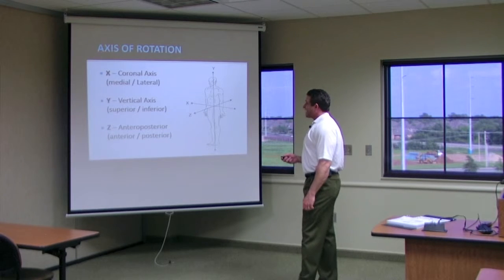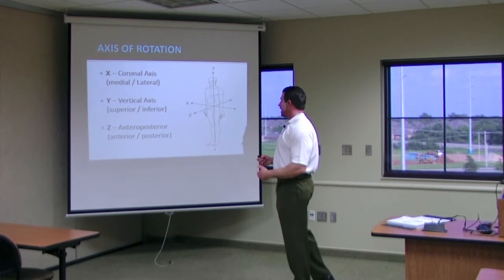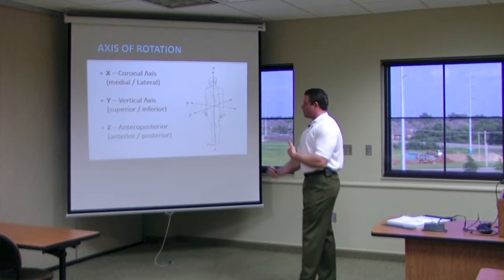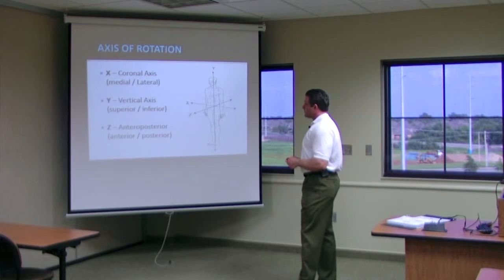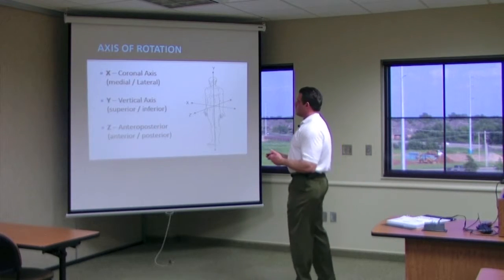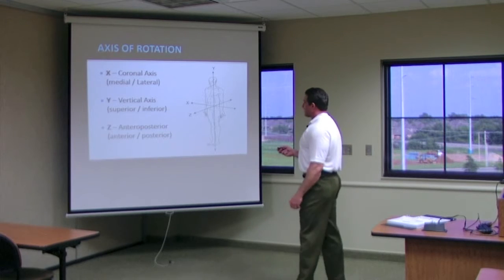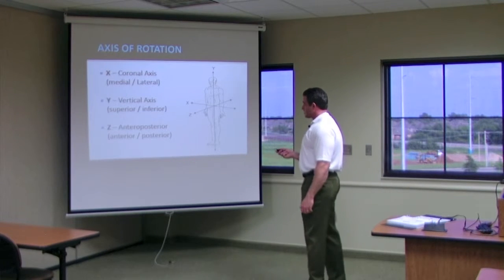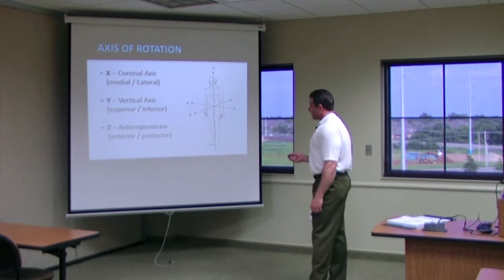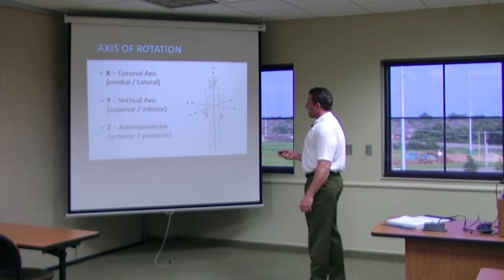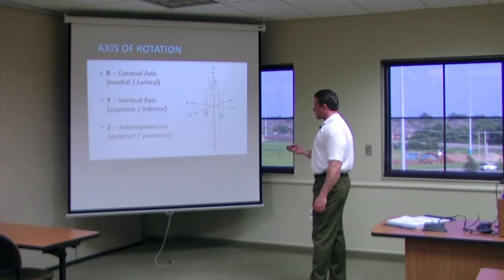You have your axis of rotation, which is kind of another example of how planes of motion occur. Just basically be familiar with your x-axis, which is your coronal axis, which is your medial and lateral plane of motion. Your y-axis or vertical axis, which is going to be your superior and inferior, going up and down.